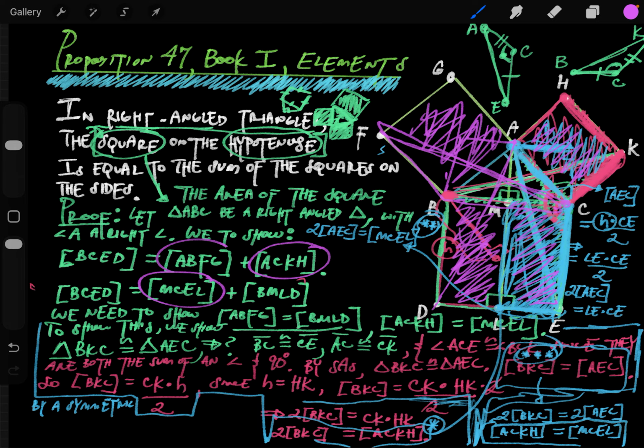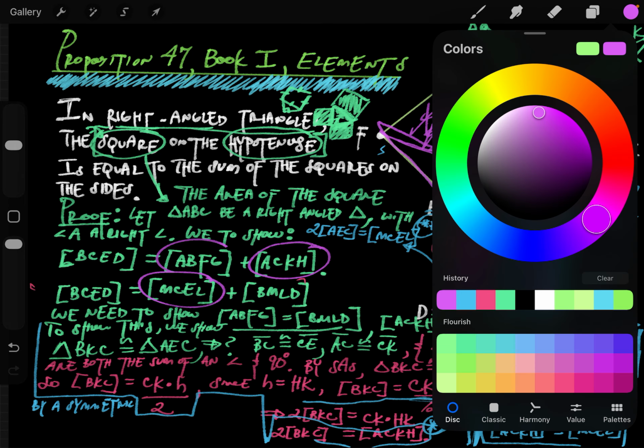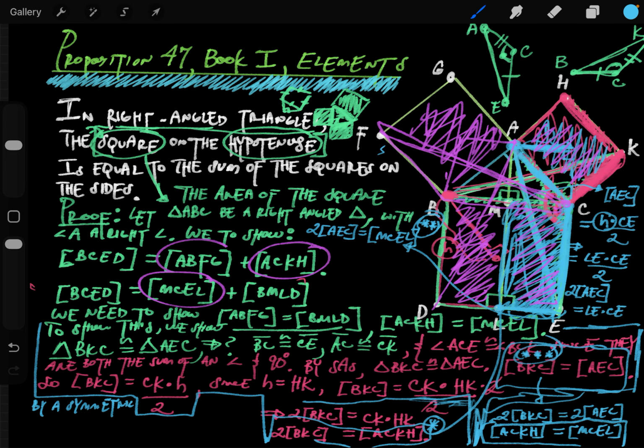So what we say is by a symmetric argument, we could show that rectangle BMLD is equal to ABFG, the square.